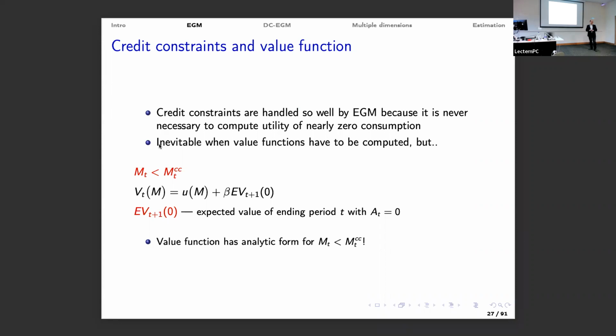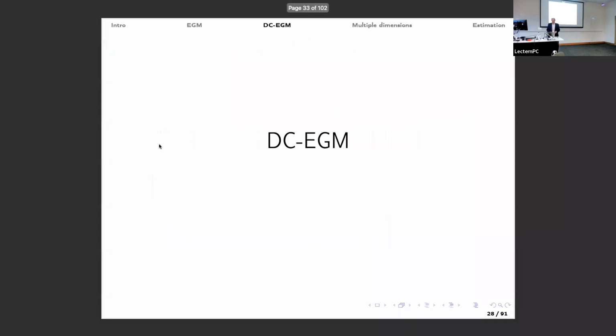It's optimal in the credit constraint region to consume everything you have and to leave zero essentially for the future, or for the next period. And that means that suddenly in this region, we have an analytical expression for the value function, no problems whatsoever. We can calculate the value function as approximated on the region where we are generating these endogenous points, or have the analytical expression closer to the origin. All right, any questions for EGM part?